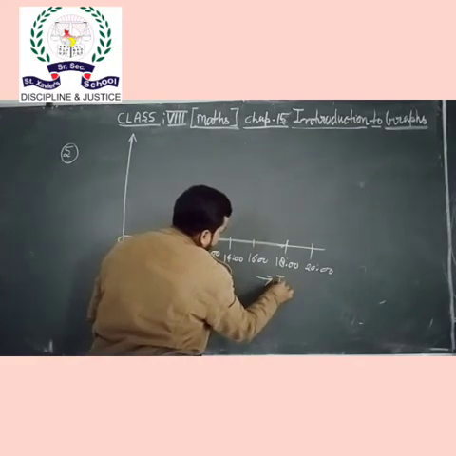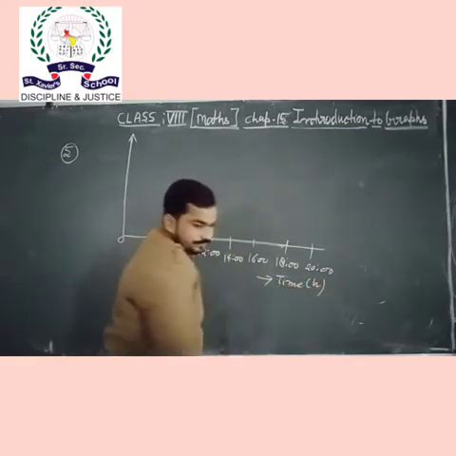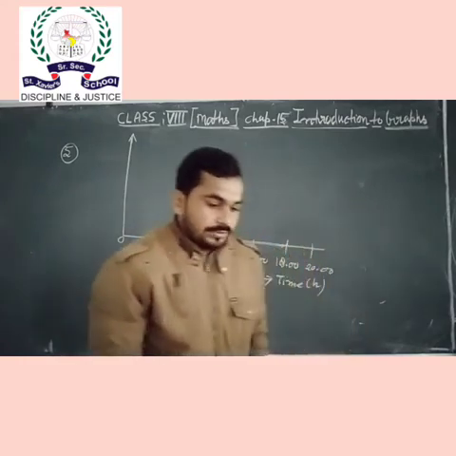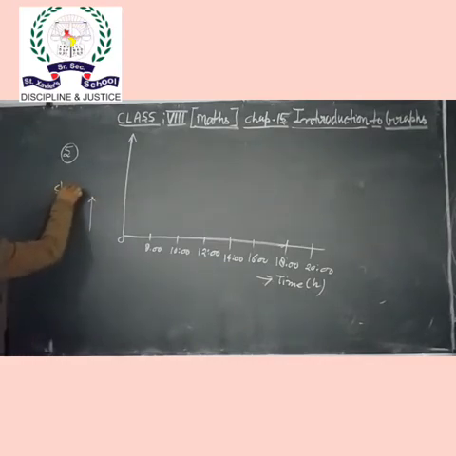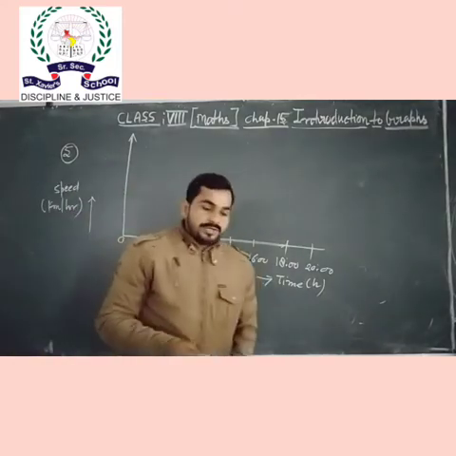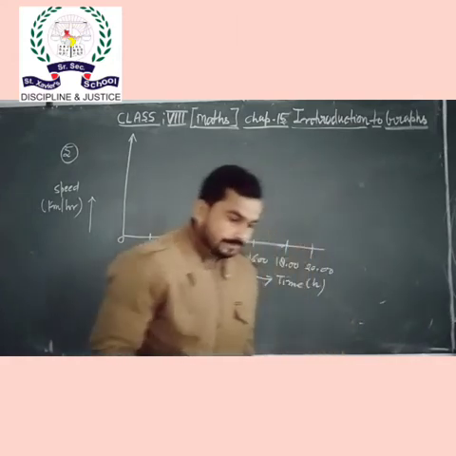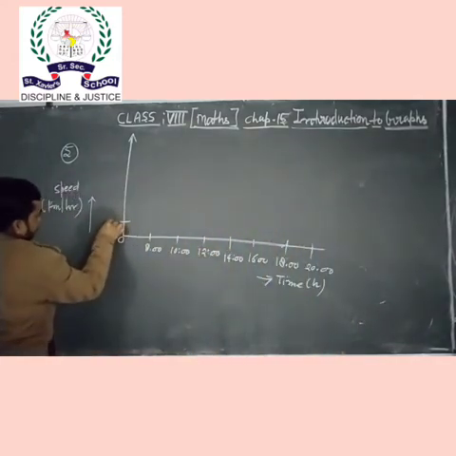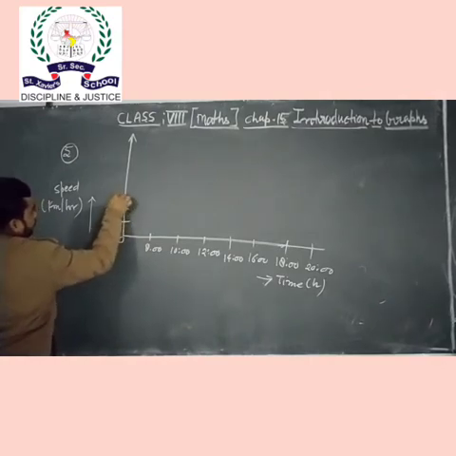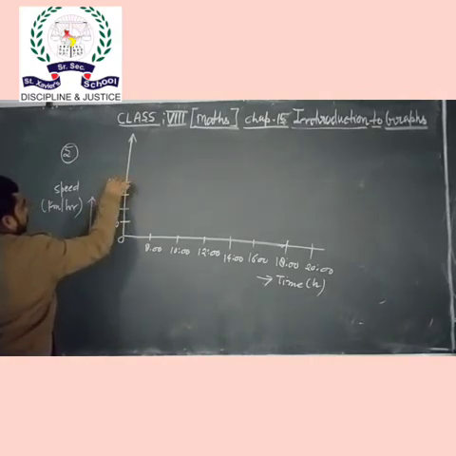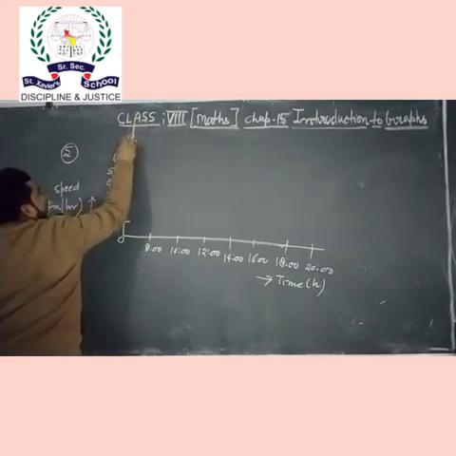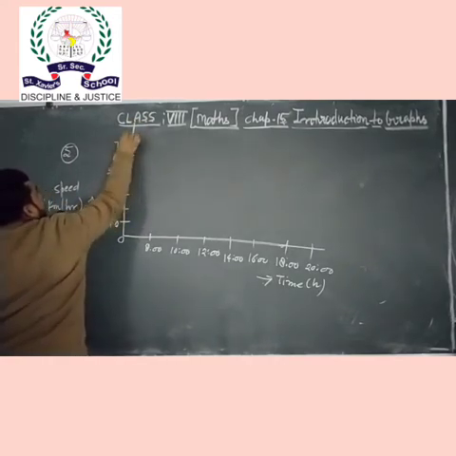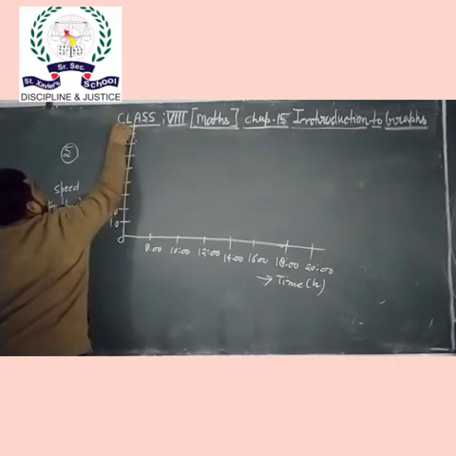This shows time in hours. Next, speed in km per hour on the vertical axis, with a difference of 10: 0, 10, 20, 30, 40, 50, 60, 70, 80 and 90.